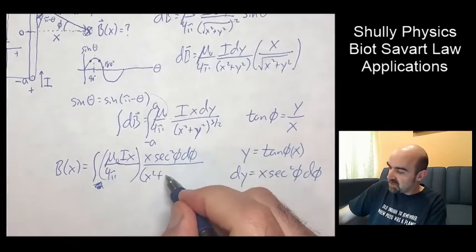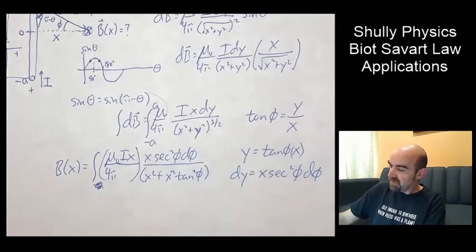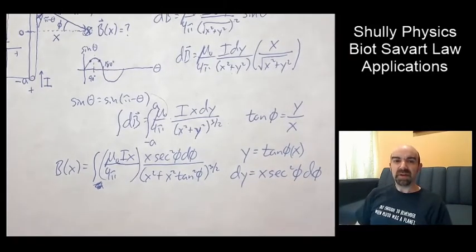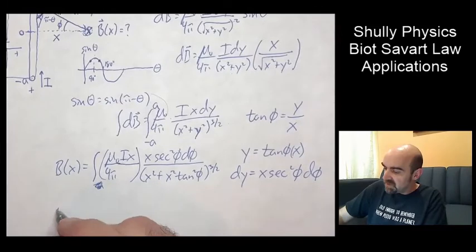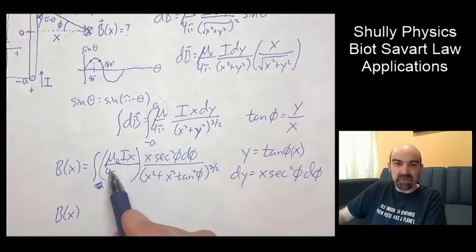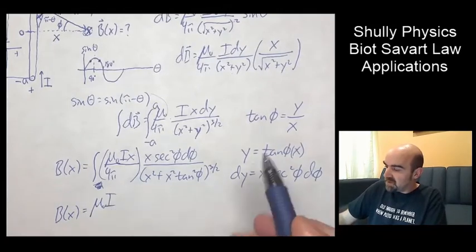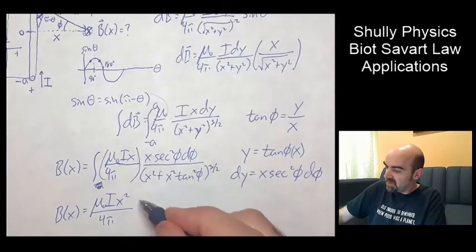So y squared would be x squared tan squared phi. And all that's to the 3/2 power. Looks kind of ugly so far, but things are going to work out for us here. Let's move ahead. B of x. Now I'm going to pull that coefficient out in front. Mu naught I x. You know what? I have an x here also, so we now have an x squared over 4 pi.